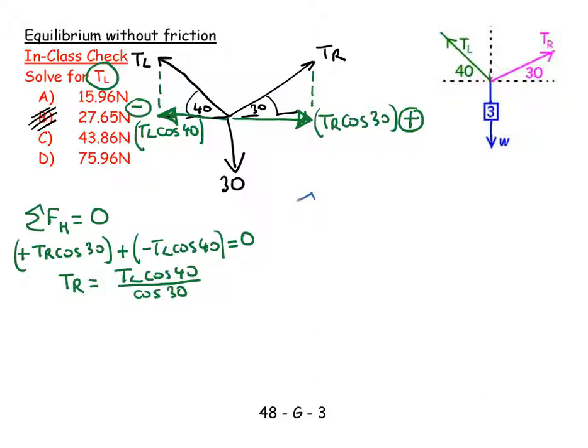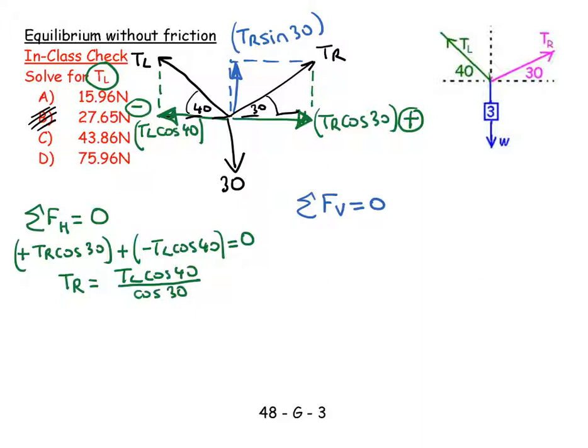I'm going to say, well, the sum of the forces vertically are equal to 0, because the object is not accelerating vertically either. And I envisage this vector here, which is T right sine 30. Now, if that is a problem for you to find, if you kind of just look at it and write down that function, then practice, because that shouldn't be what holds you up.